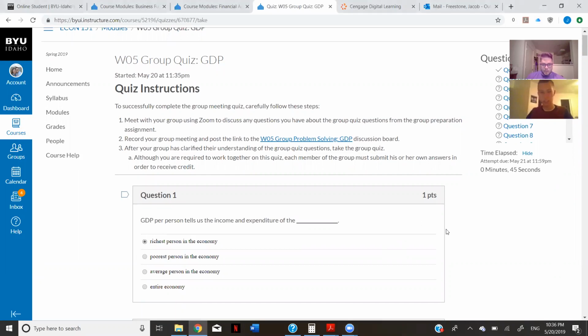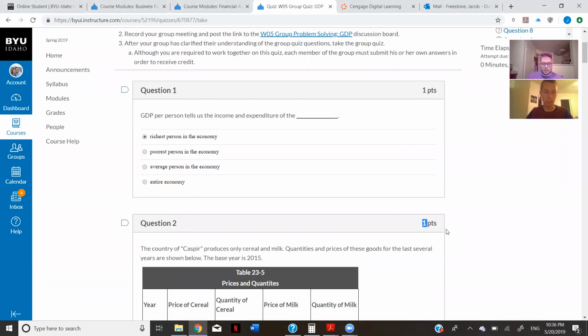So the first one is GDP per person tells us the income expenditure of the what? And it's the average person in the economy, right? I think it's like the last question on the thing.